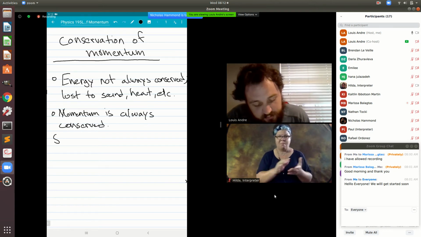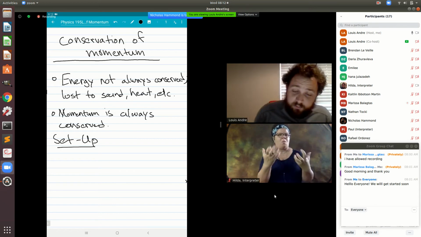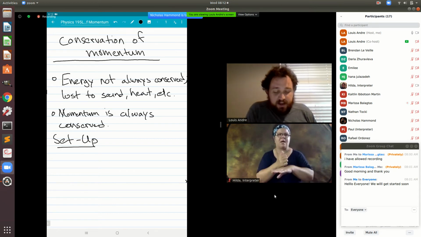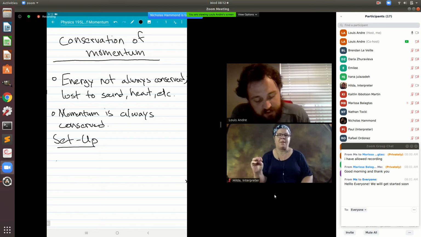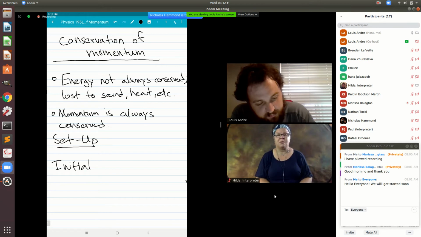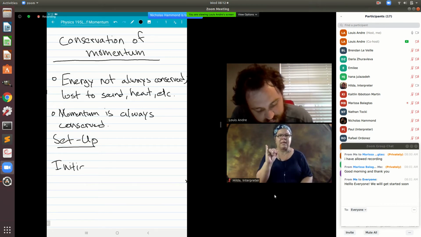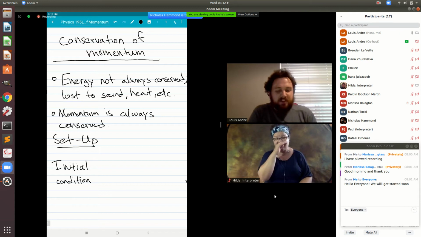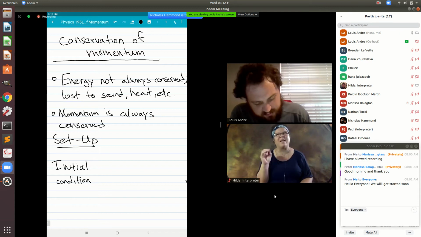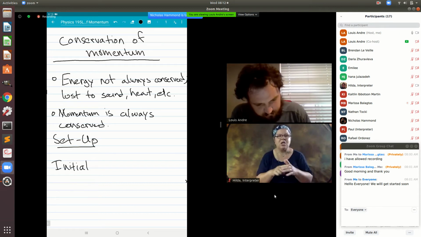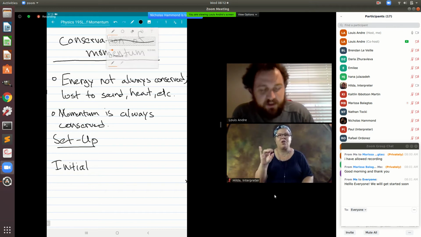Here's the setup I want you to think about when you're doing a conservation of momentum problem. You have some initial configuration of the system. What that means is you have some things moving at some velocity.